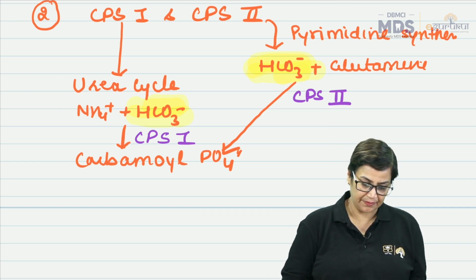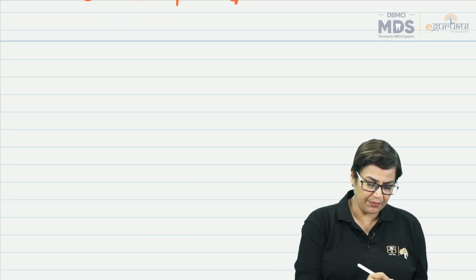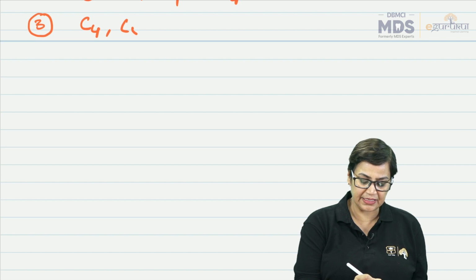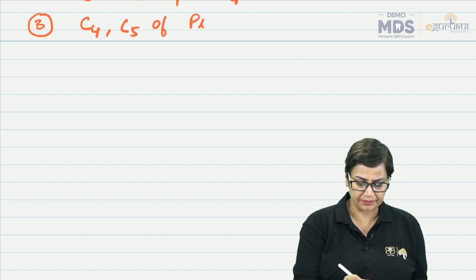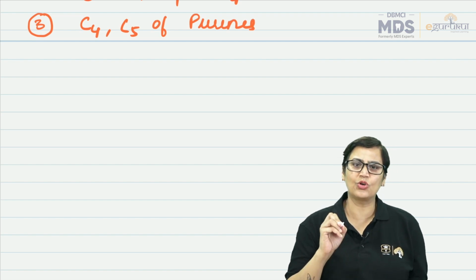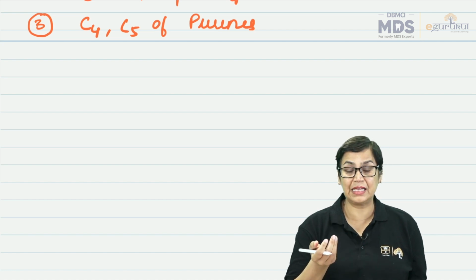Then third important reaction is in purines, C4 and C5 of purines. Here also there is no use of biotin. ठीक है, यहाँ पे C4, C5 कहाँ से आते हैं?